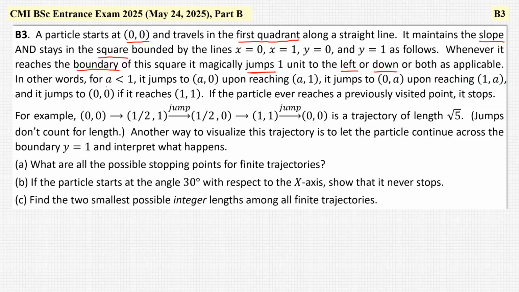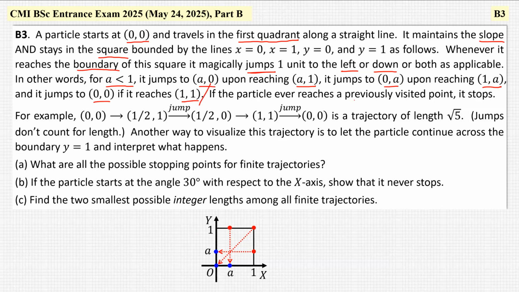In other words, for a that is less than 1, it jumps to (a, 0) upon reaching (a, 1). It jumps to (0, a) upon reaching (1, a), and it jumps to (0, 0) if it reaches (1, 1). In a graphical representation, the particle jumps like this when it reaches the boundary.